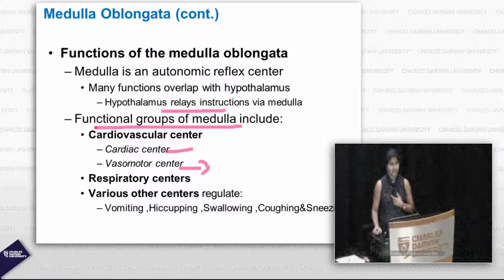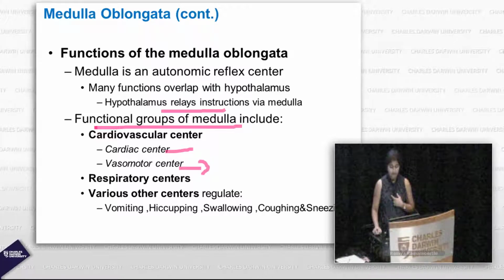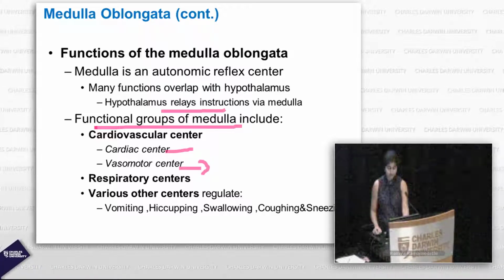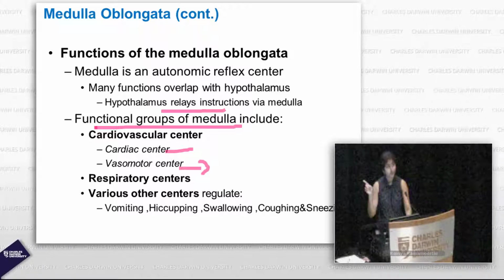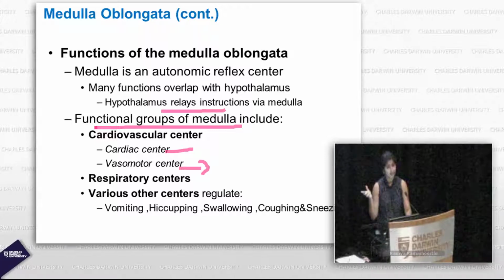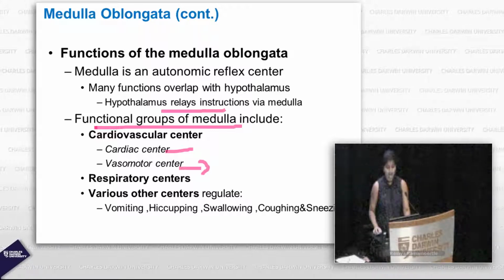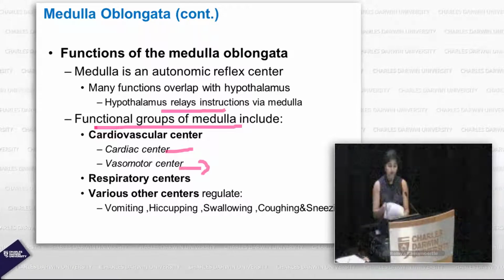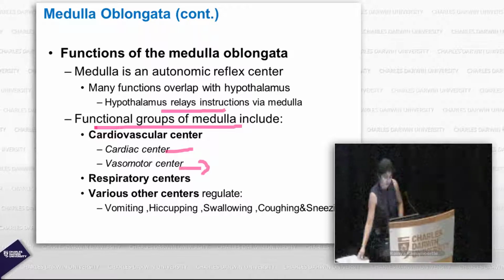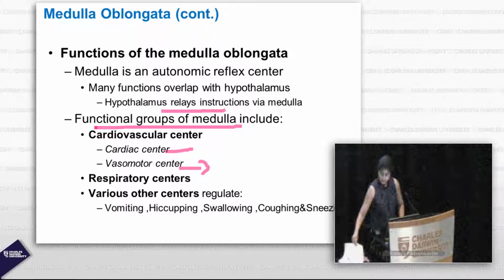It controls your blood vessel diameter, so it's very useful for maintaining your blood pressure. That's right. Then we have the respiratory center, and various other centers present within the medulla oblongata. Your vomiting center, swallowing center, coughing, sneezing, all that is controlled by medulla oblongata.